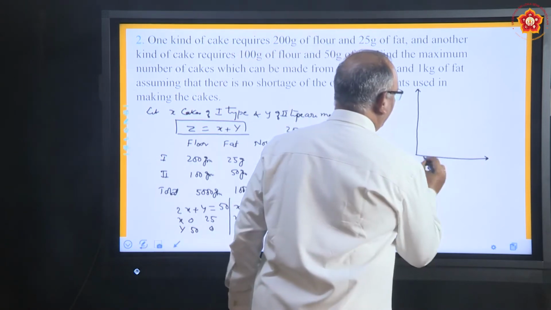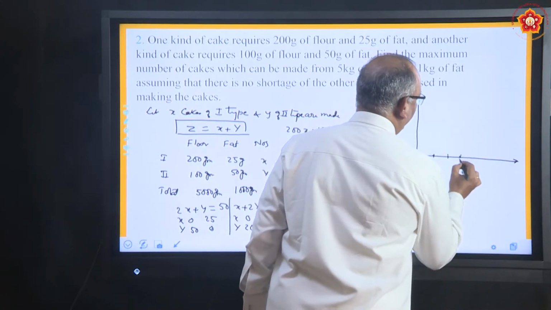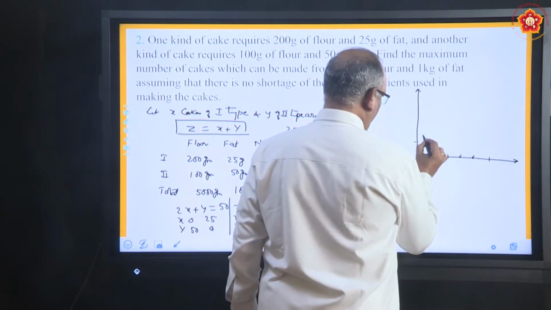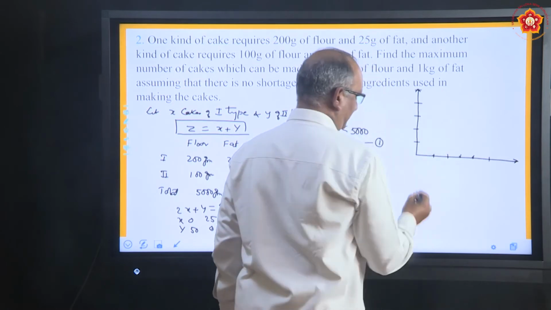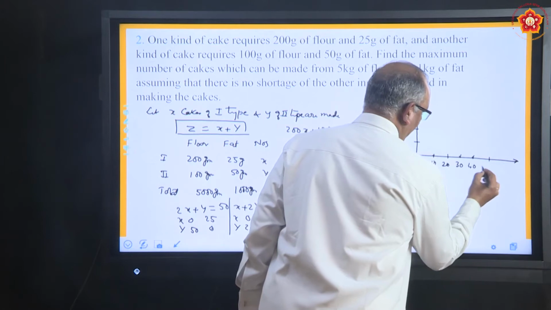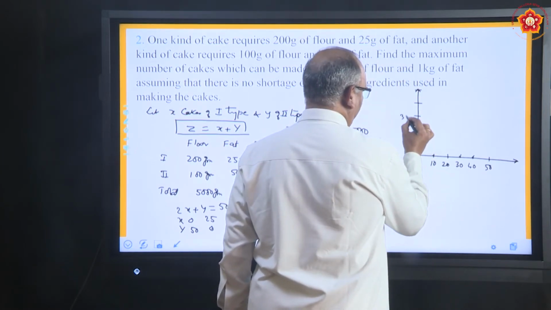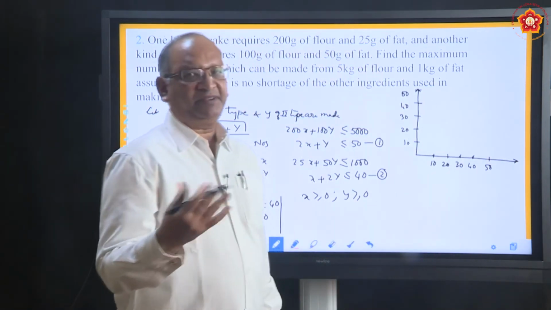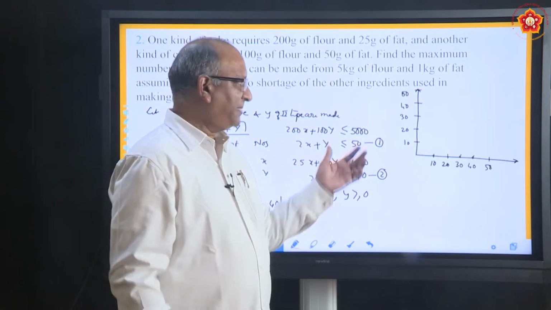So, let us say this is 10, 20, 30, 40, 50. 10, 20, 30, 40, 50. In the examination, you will be given the graph paper, so it will be much easier. Okay. Now, without graph paper, we are doing it.